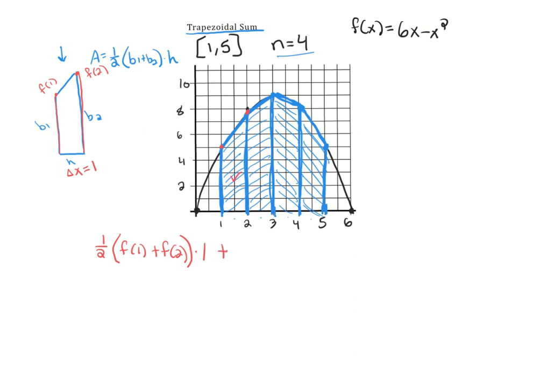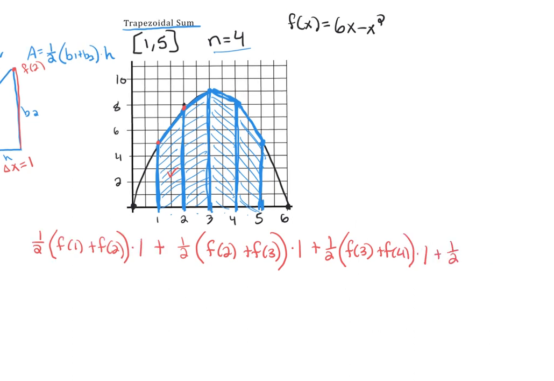So now the second one is 1/2 f of 2 plus f of 3 times the change in x, 1, plus 1/2 times f of 3 plus f of 4 times 1, plus 1/2 times f of 4 plus f of 5 times 1.